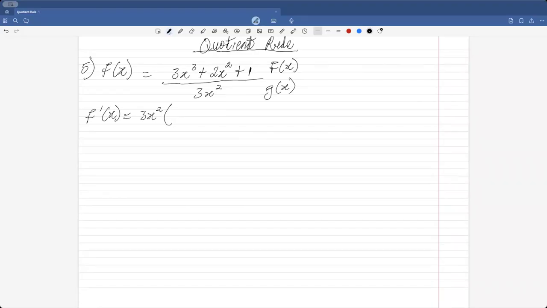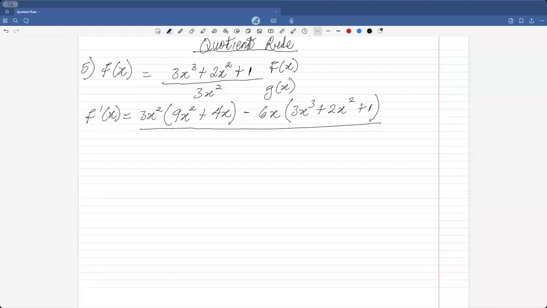The derivative of the top function is nothing but 9x to the power of 2 plus 4x, close parentheses, minus the derivative of the bottom function is 6x, open parentheses, 3x to the power of 3 plus 2x to the power of 2 plus 1 all over 3x to the power of 2 all to the power of 2.